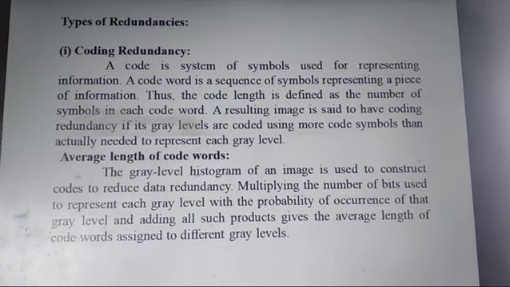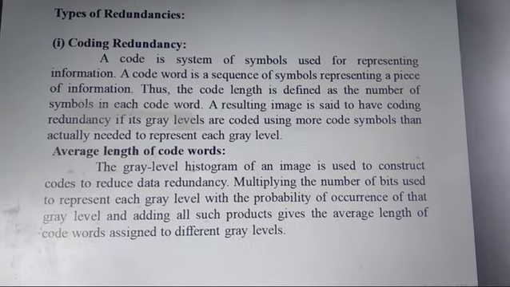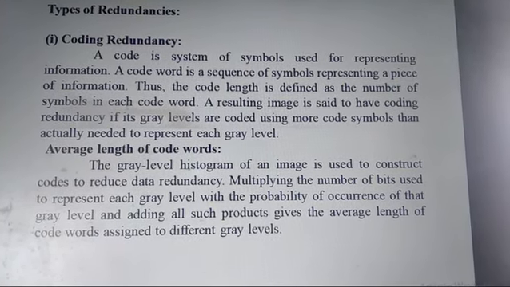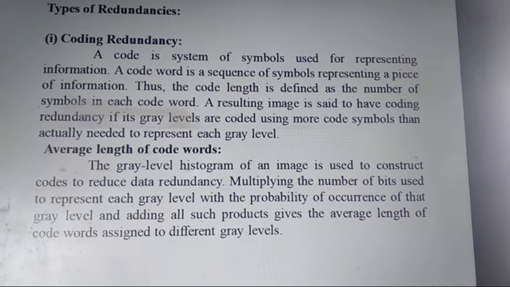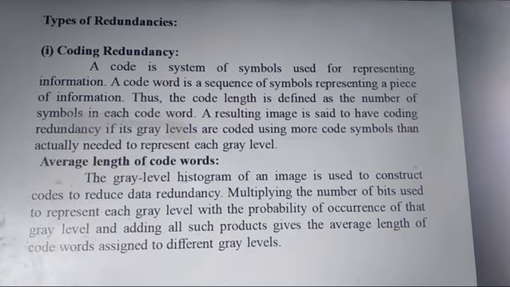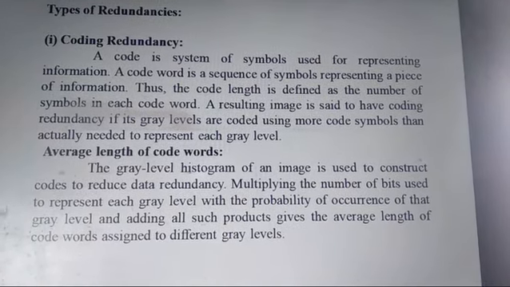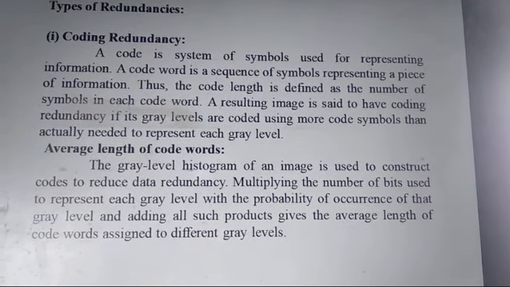So there are types of redundancies. The very first type is coding redundancy. In coding redundancy, a code is a system of symbols used for representing the information. A code word is a sequence of symbols representing the information. Code length is defined as the number of symbols in each code word.